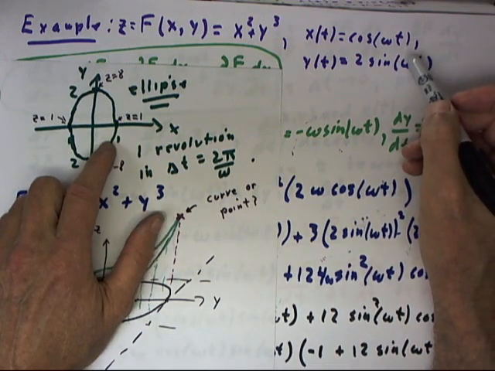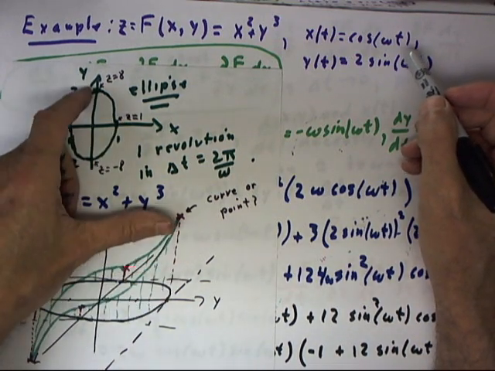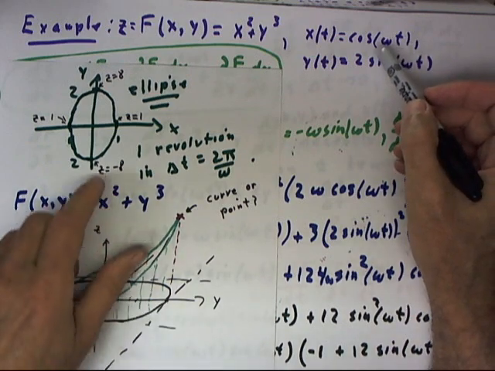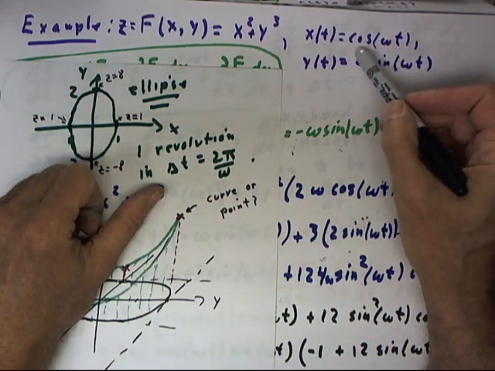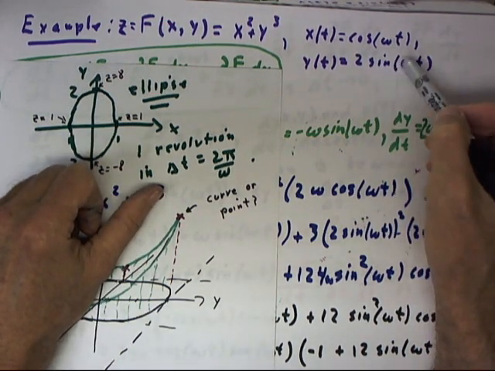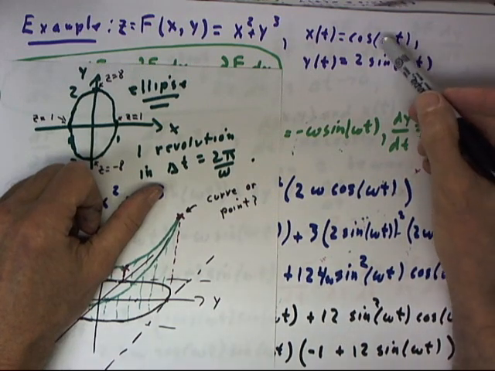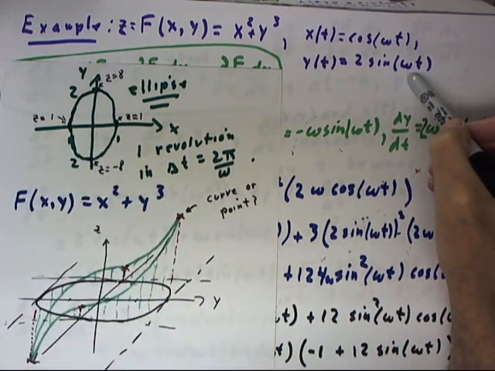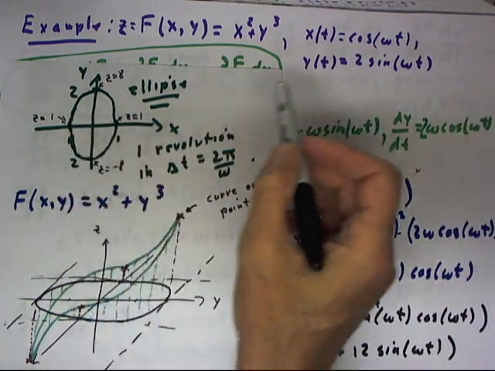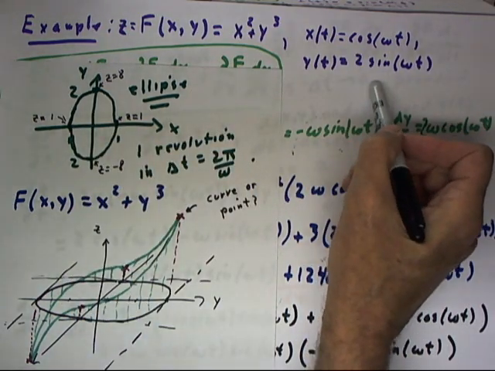If we're halfway between this point and this point, that means that the phase of the cosine is going to be 45 degrees, or pi over 4 radians, and the cosine is going to be equal to the sine. If you don't understand that, you probably want to think about it a little bit.